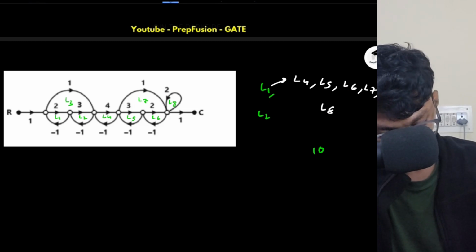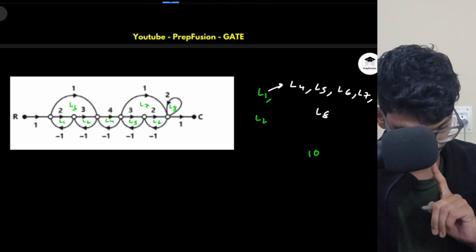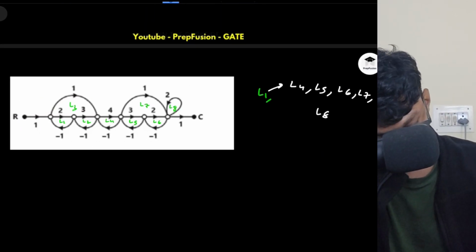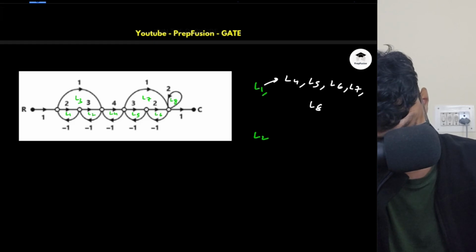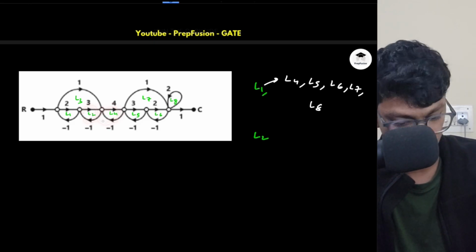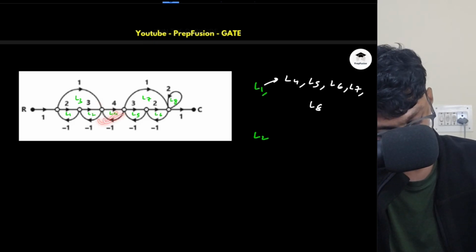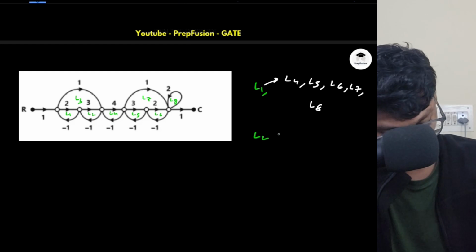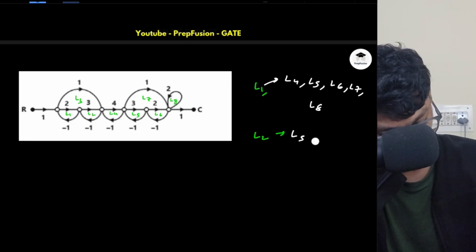Now for L3, will it be the same? Okay, one mistake I have made. Not for L2 actually. L2 and L4 cannot be non-touching because this node is common between them. So L4 has to be removed. For L2, it will be everything else except L4: L5, L6, L7, L8.